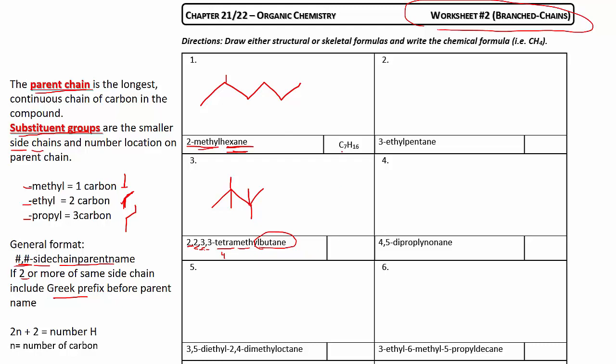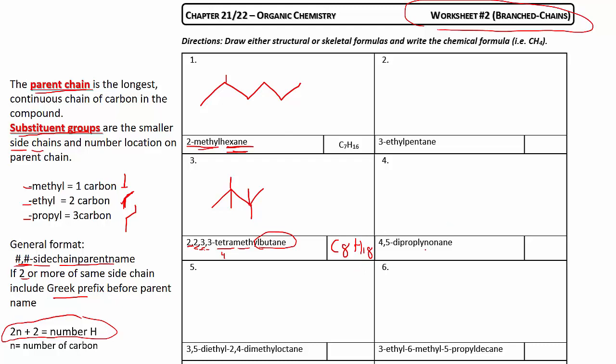For our chemical formula then, we have 4 carbons from the butane, plus 1, 2, 3, 4. We have 8 carbons total. How many hydrogens do we need? 2n plus 2. 8 times 2 is 16, plus 2 is 18.